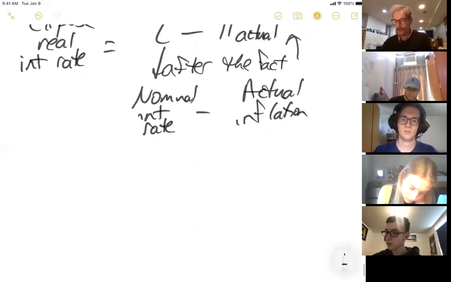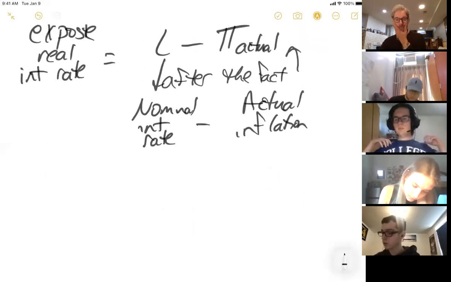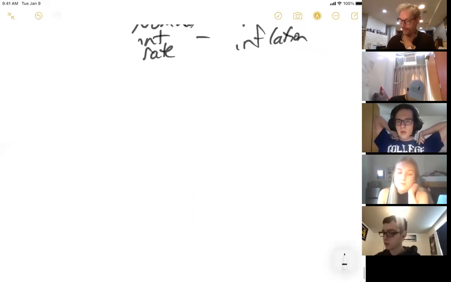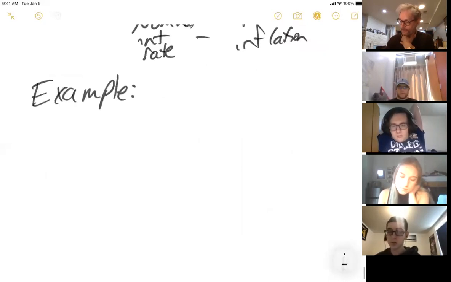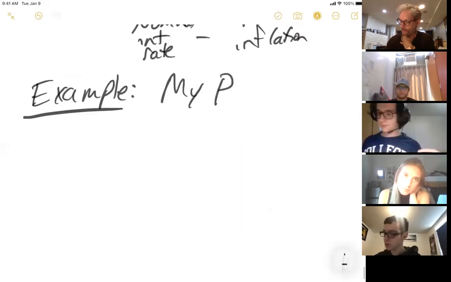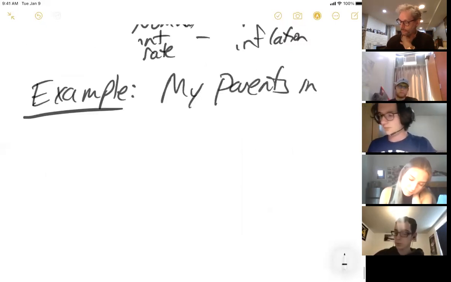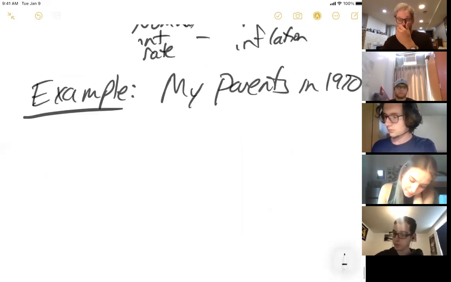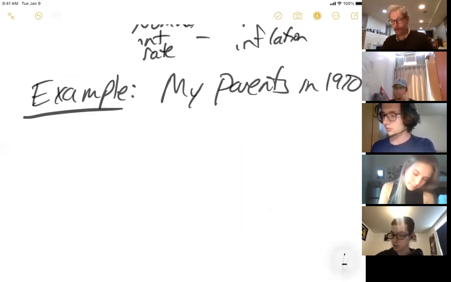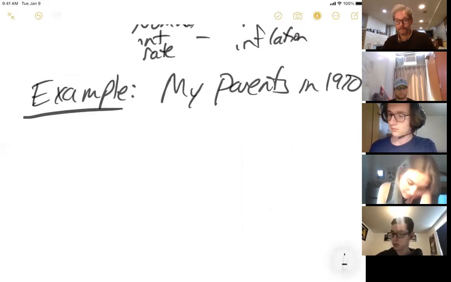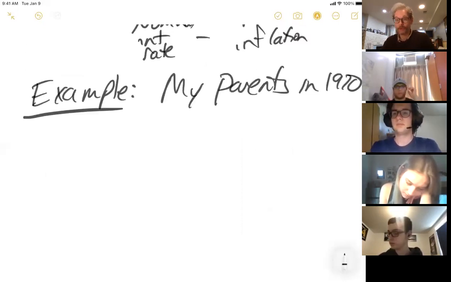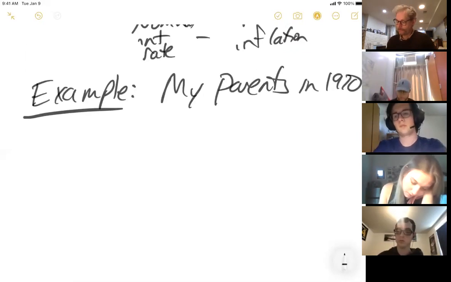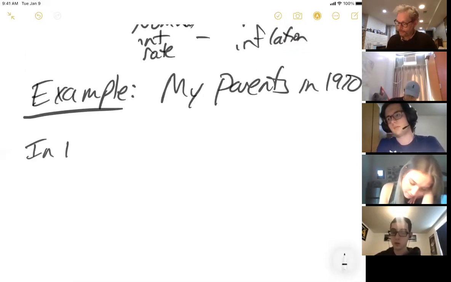Okay, so probably the easiest way to understand how this works is to actually work through an example, and I'm going to pick an example from history. My parents in 1970 bought a house, and what they did is they locked into a 30-year mortgage.